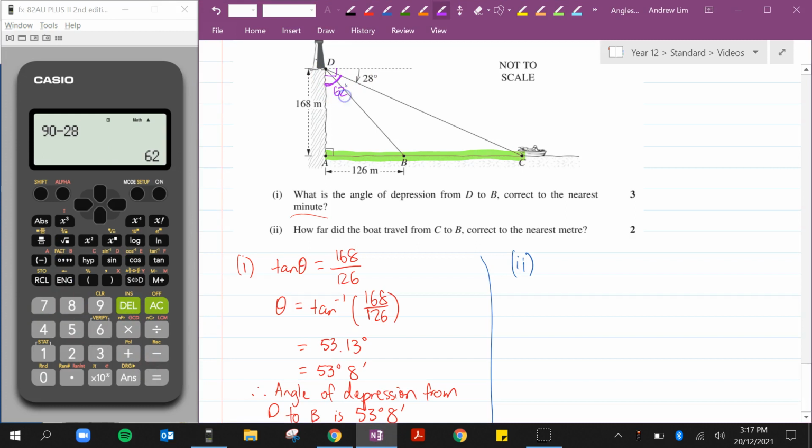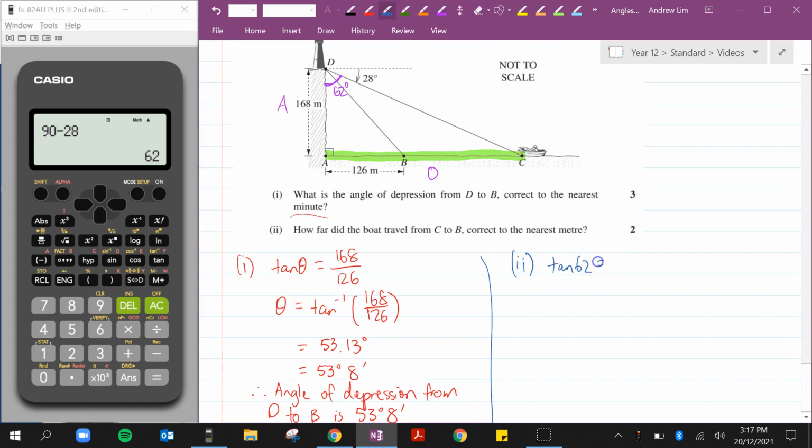So this is 62 degrees right here. The side that I've highlighted, AC in green, that's opposite to the 62, and we've got the 168 here, which is adjacent to the 62. So O and A, I'm going to be using tan.